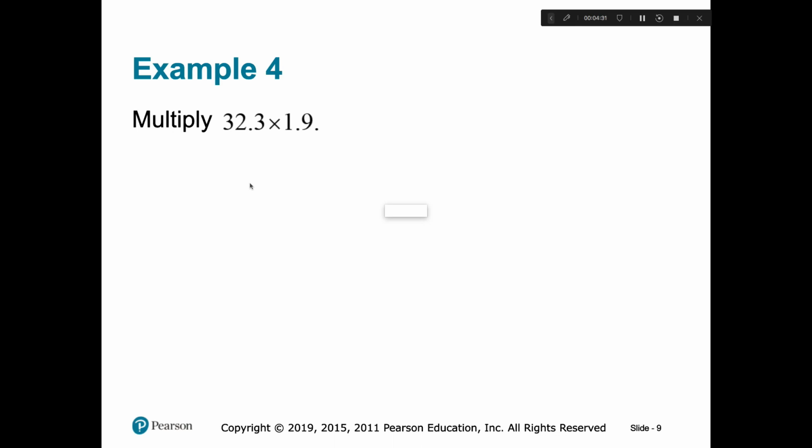Next one, 32.3 times 1.9. How many places are behind decimal points in this problem? 2. So how many decimal points are going to be in your answer? 2. I wrote my problem down wrong. 6137.